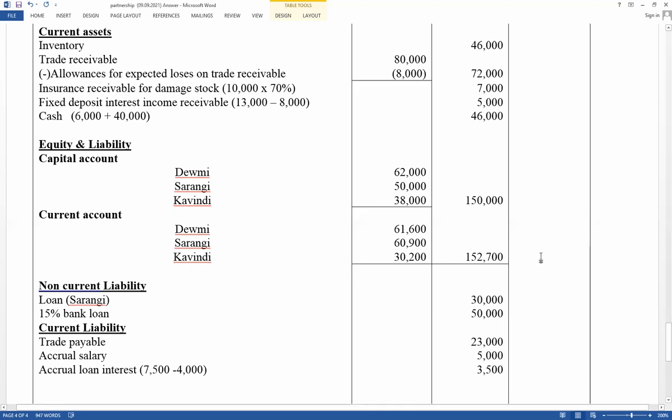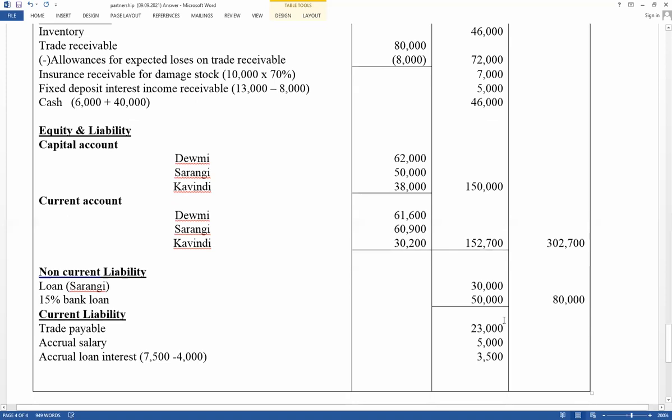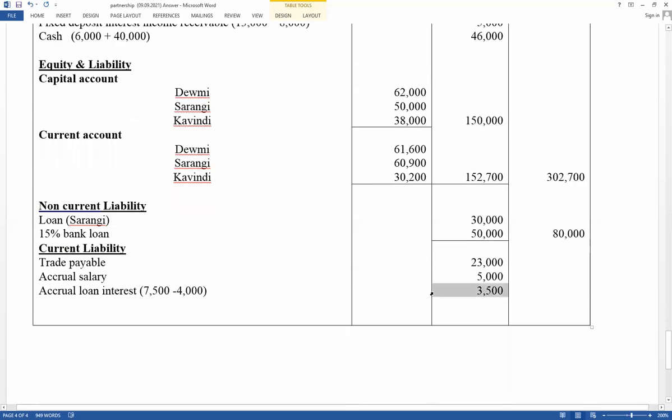This one plus this one equals 302,700. Then take non-current liability also. Total value equals 80,000. And take the current liability also. Current liability total value equals 31,500.